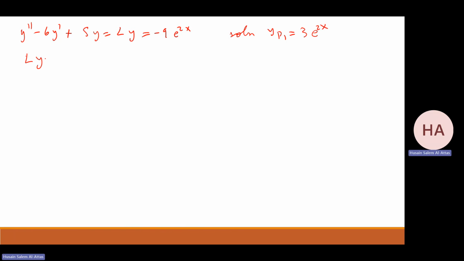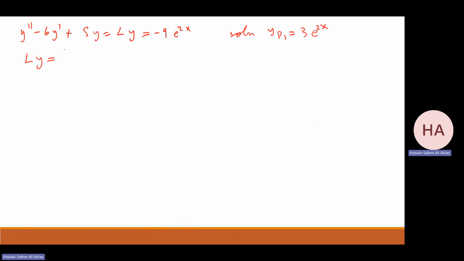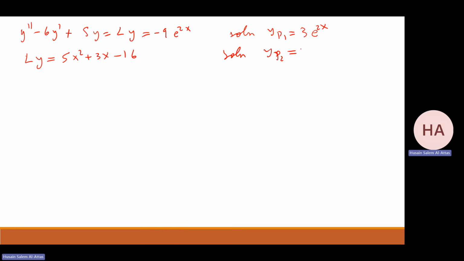And I have Ly, the same L, equal to 5x squared plus 3x minus 16, with solution yp2 being x squared plus 3x.